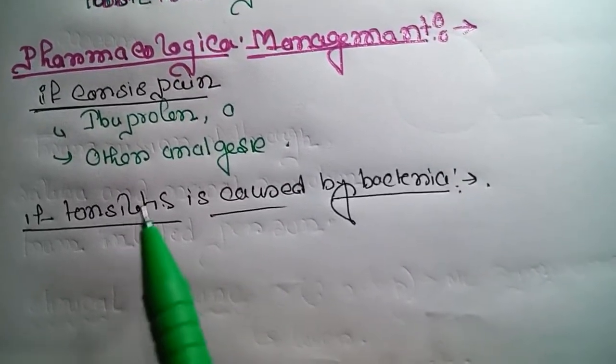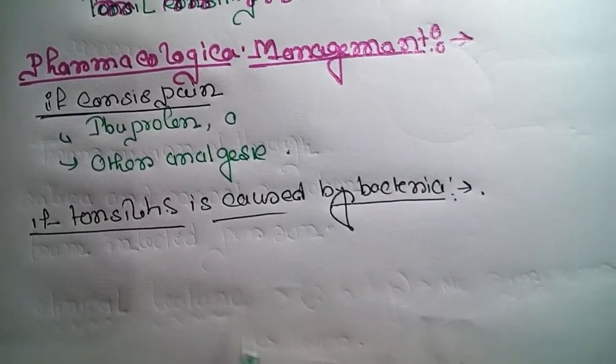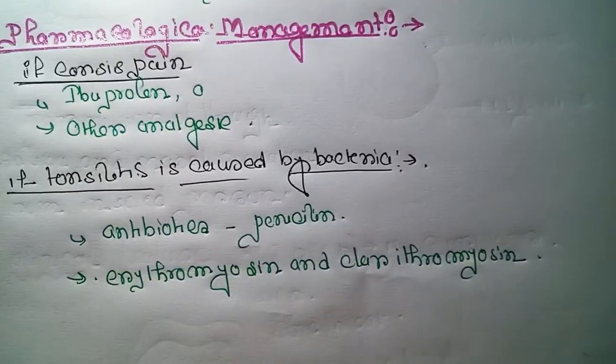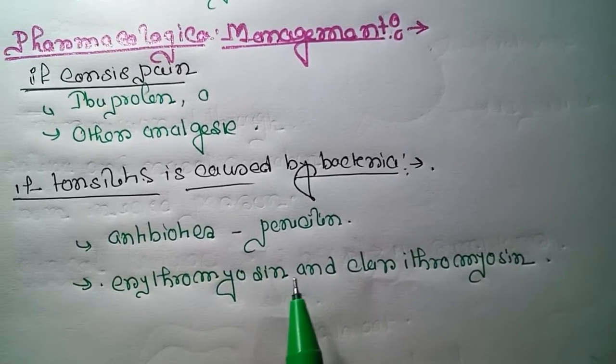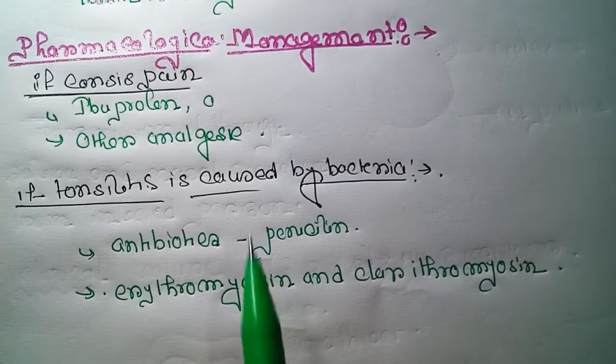If the tonsillitis is caused by bacteria, antibiotics are prescribed, with penicillin being the most commonly used. Erythromycin and clarithromycin are used for patients allergic to penicillin.